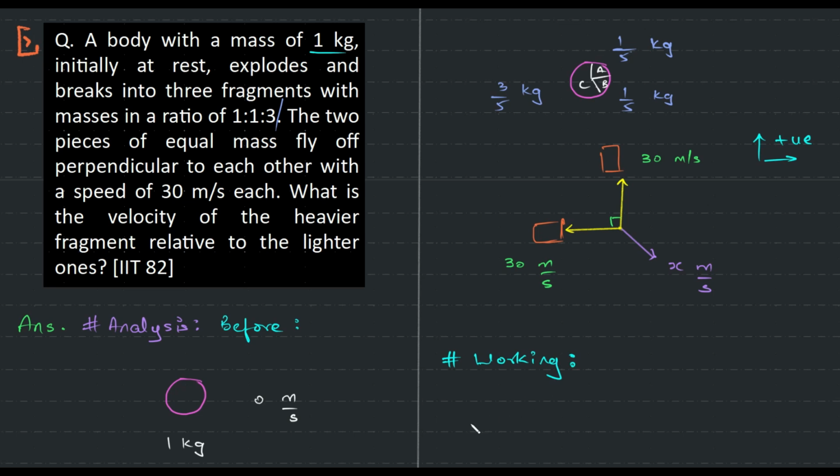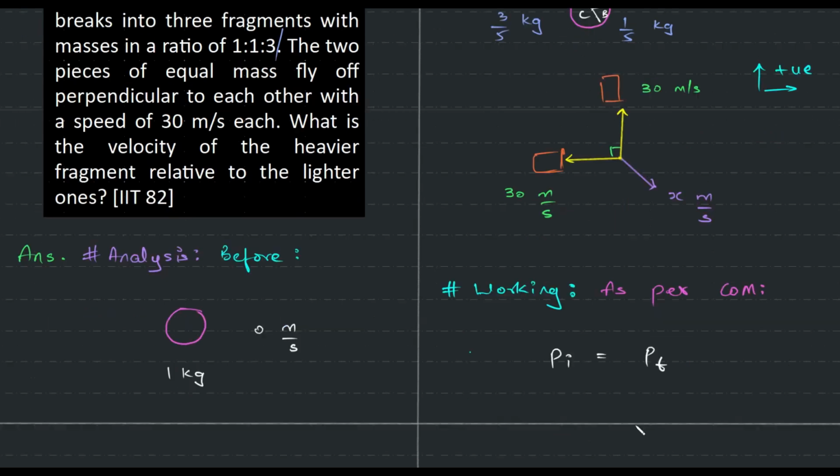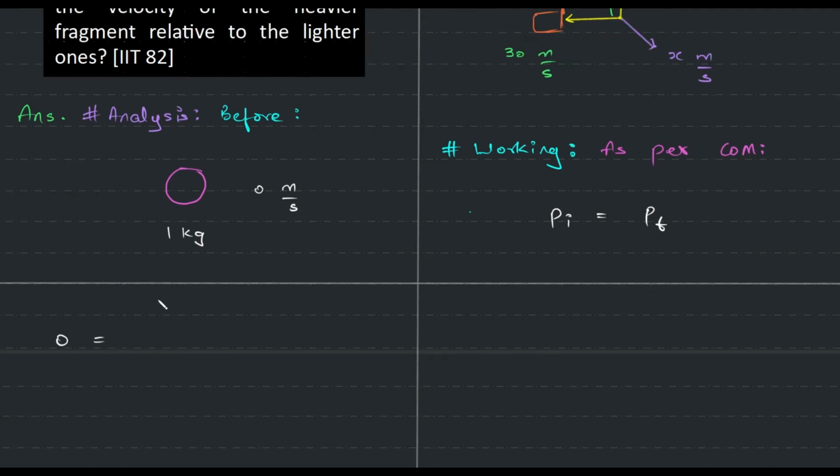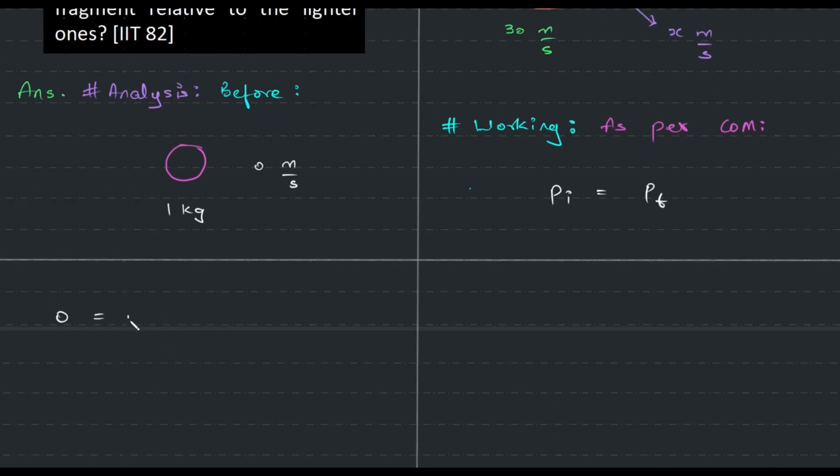First we'll start off with conservation of momentum. The initial momentum should be equal to the final momentum. Initial momentum altogether is 0, right? Final momentum is, we have 3 parts: mass A into velocity A plus mass B into velocity B plus mass C into velocity C.